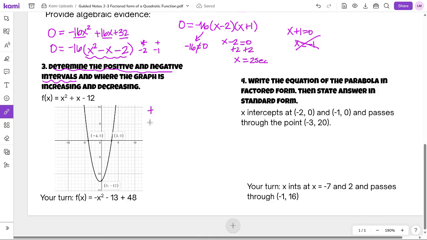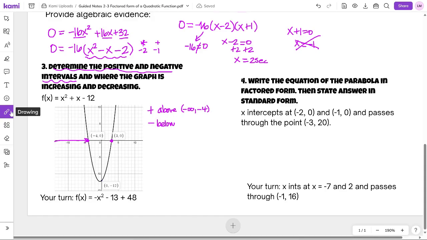So let's start with positive and negative intervals. Remember that goes off of my x-intercepts. Where is my graph above the x-axis and where is it below? You can pause the video, try it yourself. All right, so it's above from negative infinity to negative 4. I know we've talked about this a little bit.